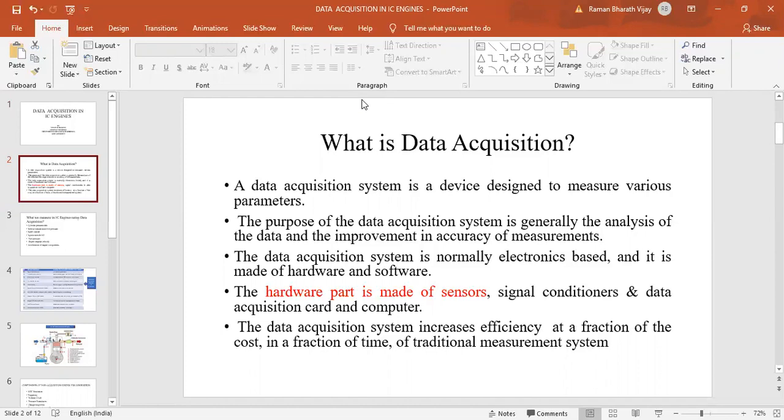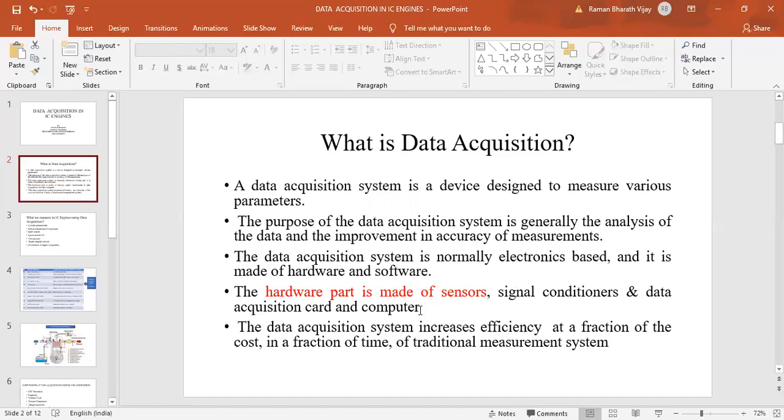In case of hardware, first is the sensor, next is signal conditioning, third is the computer, fourth is the data acquisition card. See my cursor, it moves. The hardware part is made up of sensor, signal conditioner, data acquisition card, and computer. These are the major parts which play a vital role in data acquisition.